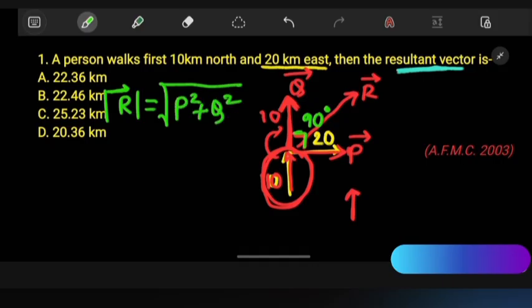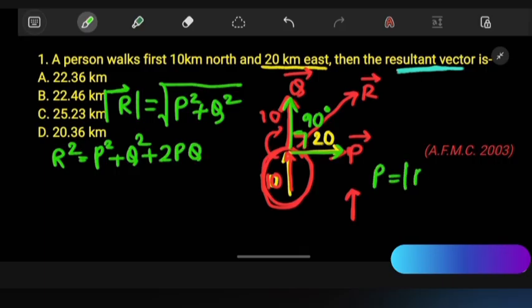Why is it like that? Because we know if I have two vectors P and Q and their resultant is R, then the formula is R square equals P square plus Q square plus 2PQ cos theta. What are P and Q?